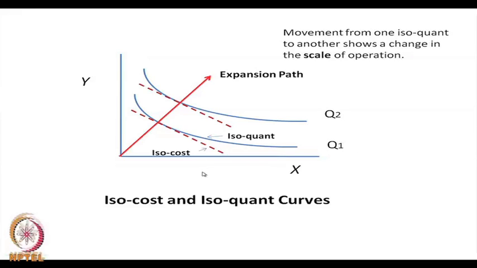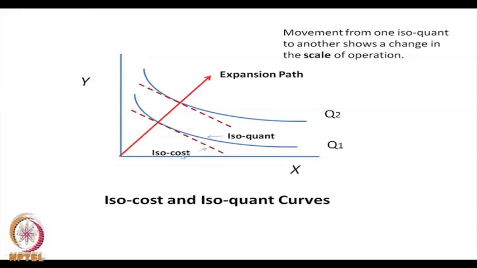Now, this is a particular iso-cost curve having a slope equal to unit price Px, it is basically dy by dx, and at this particular point the slope of the isoquant curve is also dy/dx. Therefore, at this point the slope of the isoquant curve equals the slope of the iso-cost curve.